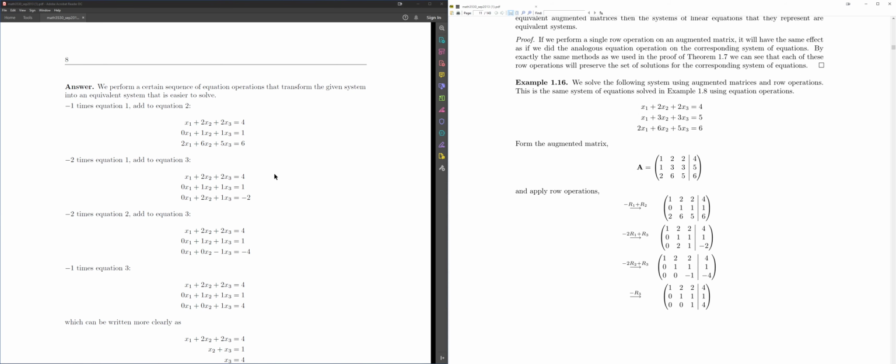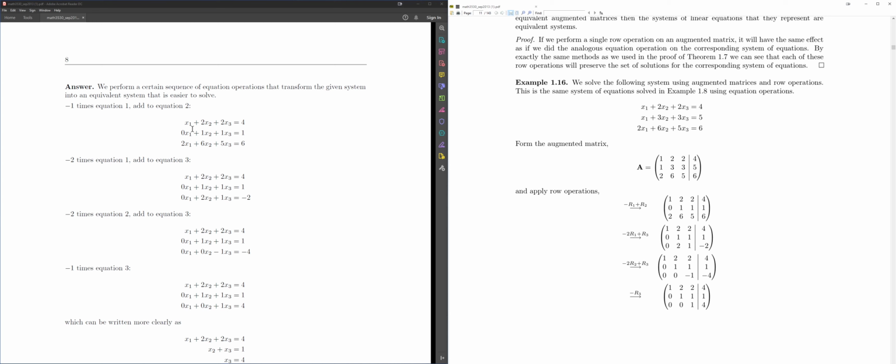Okay, so what I also mentioned last time is that, for example, if I go from this system over here to this system over here, what I'm doing is I want to make this 2 over here 0, right? And I multiply this equation by minus 2 and add it to this one here.